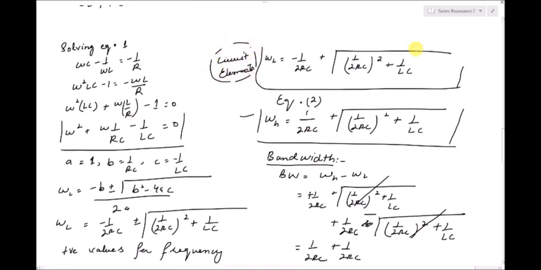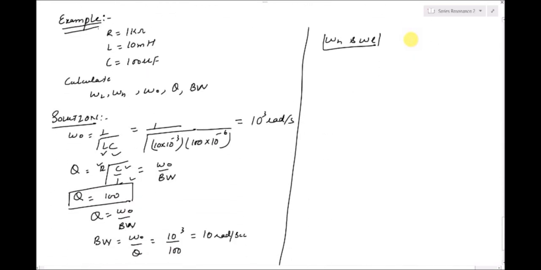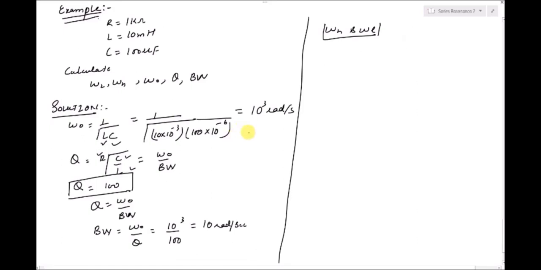So you can use either of these formulas to calculate the upper and lower cutoff frequencies. But the other way is, we know the resonant frequency is 1000, and there is one upper cutoff frequency and one lower cutoff frequency. We know the bandwidth is equal to 10 radian per second.